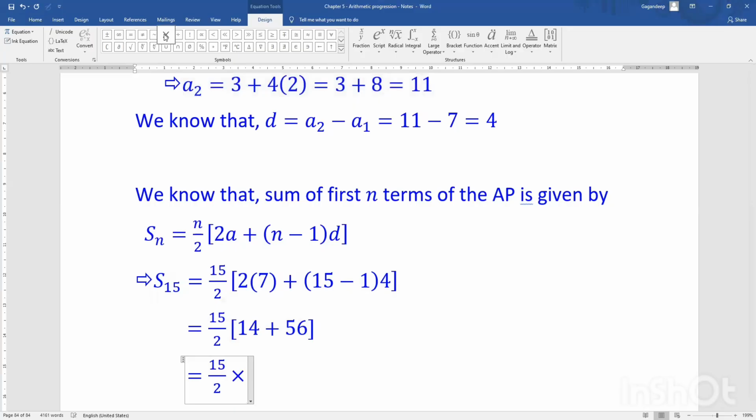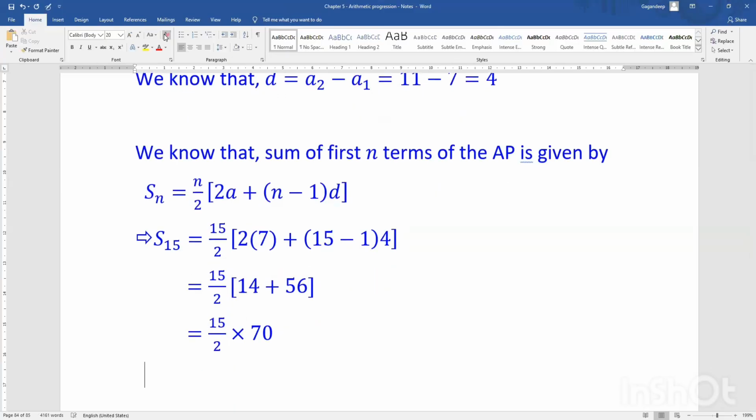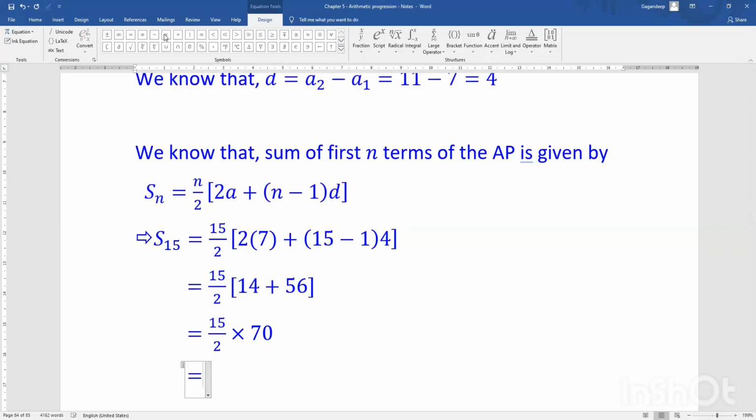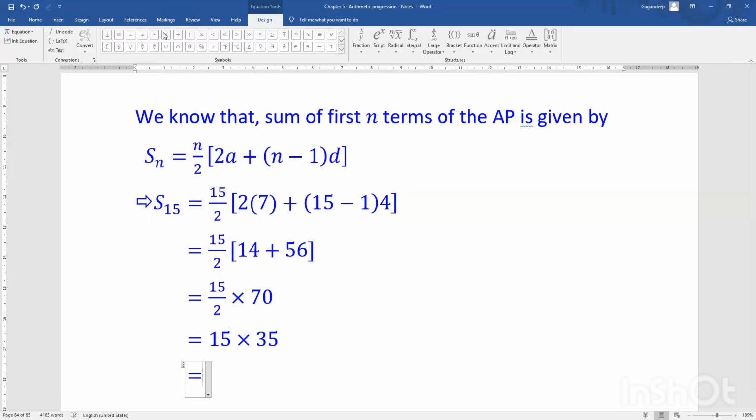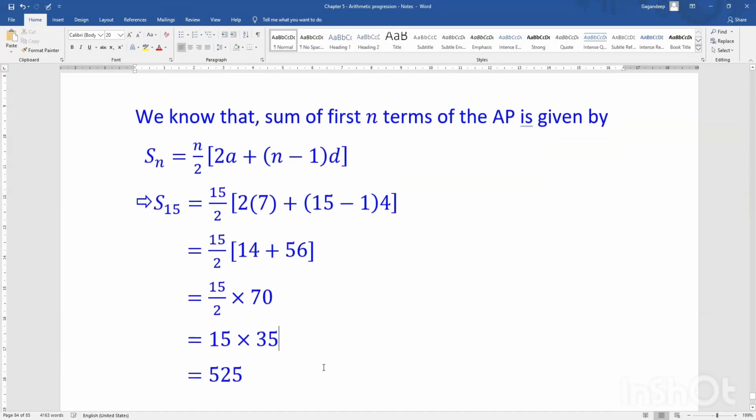So into 70, which is nothing but 15 into 35, because 70 divided by 2 is 35. So we get how much? So it is 525. So this is your answer.